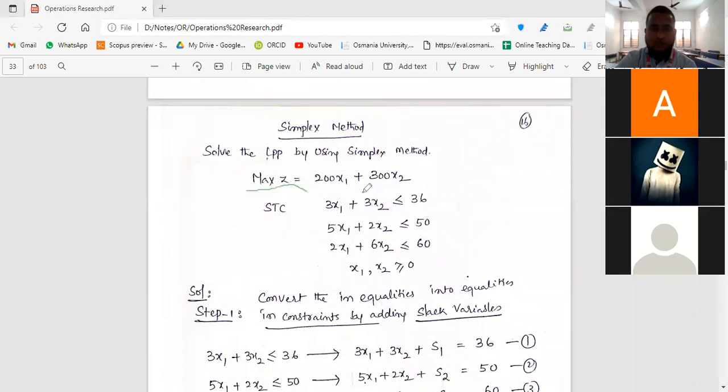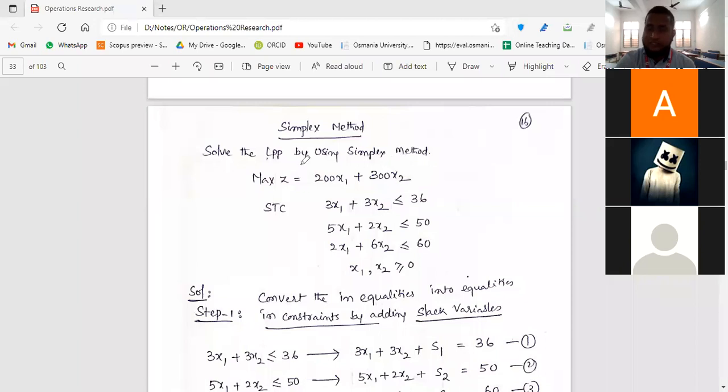Maximize Z is equal to 200x1 plus 300x2. This equation is there, no? This is our objective function. Objective function means what you want to solve. This will become the objective function, your aim, your target.